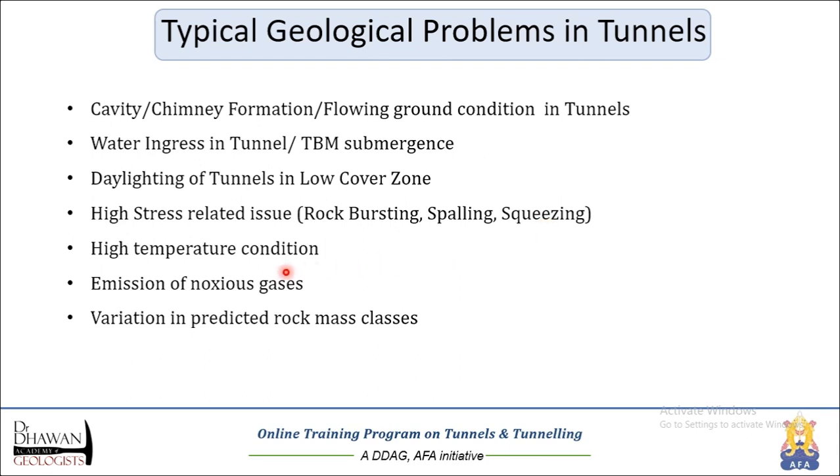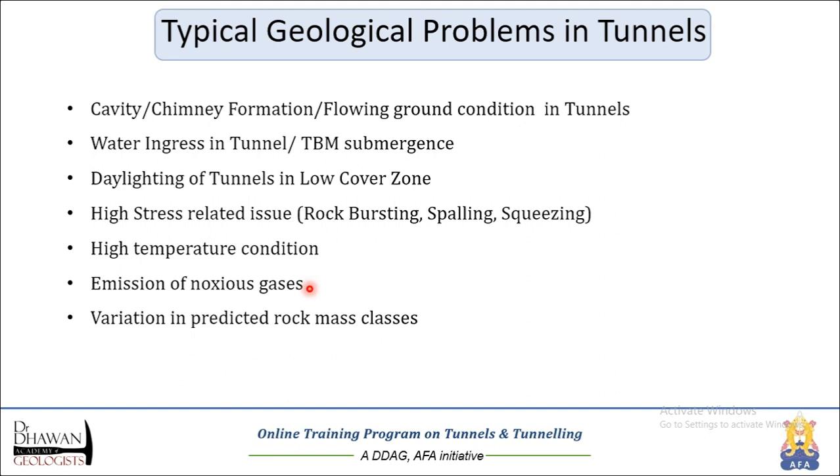High temperature conditions have also been faced in two tunnels, namely Sanjay Gandhi Tunnel in Himachal Pradesh and Dhauliganga Tunnel, which was a hydropower station in Uttarakhand. Emission of noxious gases. There was a deadly explosion of methane gas in Loktak Tunnel in the early 70s.